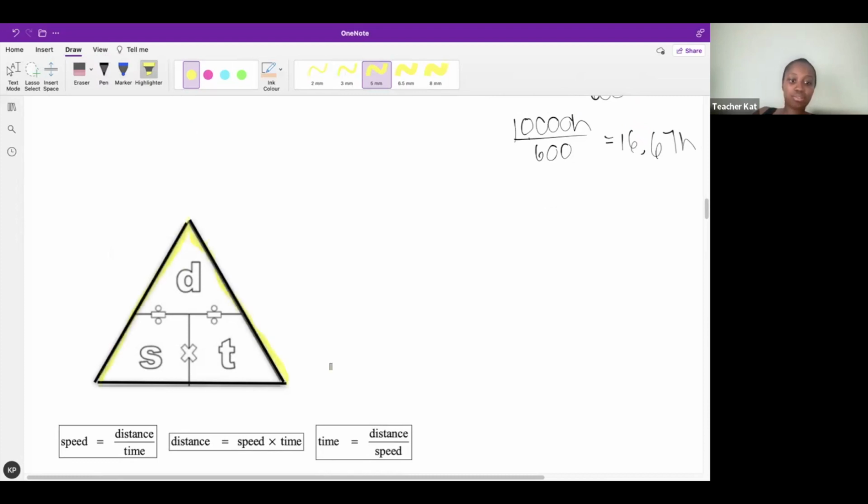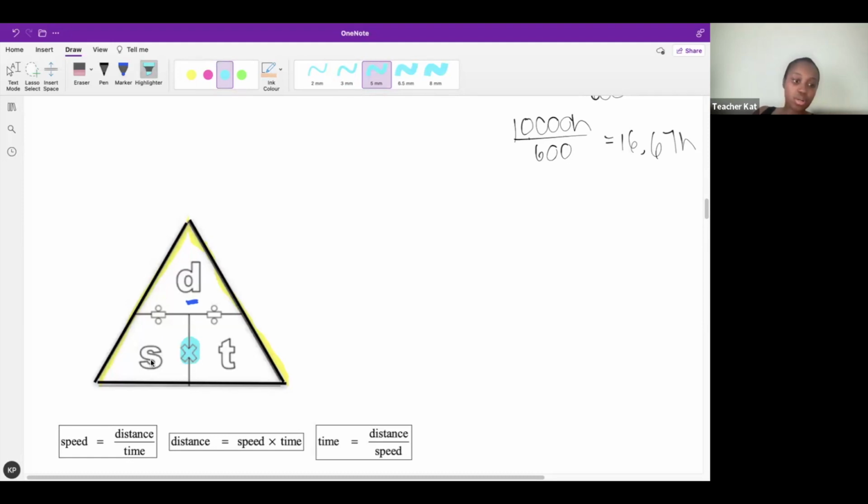It's an upside down V, right? So this tells you what the formula is for working out distance, speed, and time. The distance is at the top, which means to work out distance, you will be multiplying the other two. Distance is the only one where you multiply.